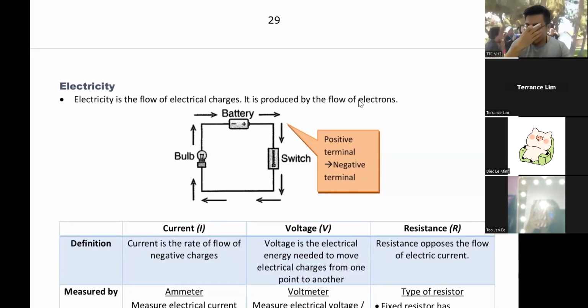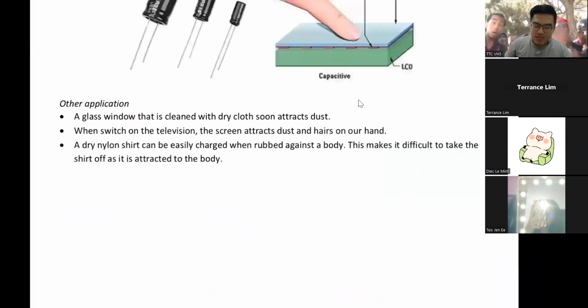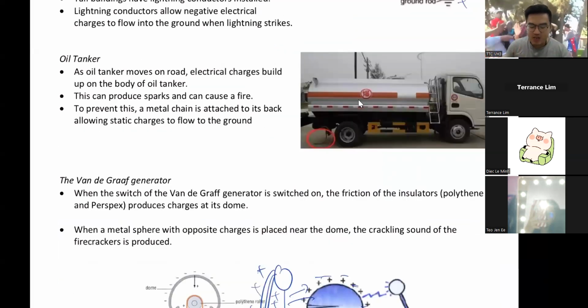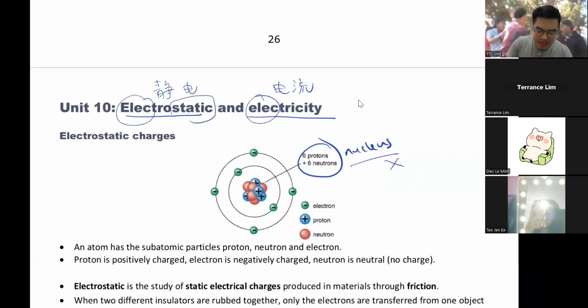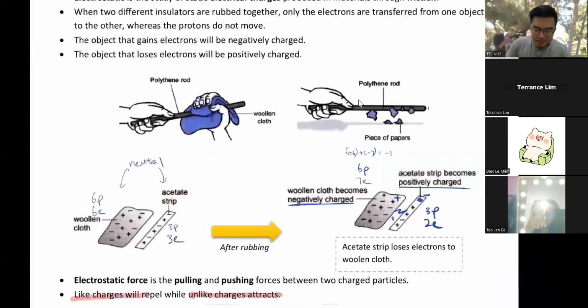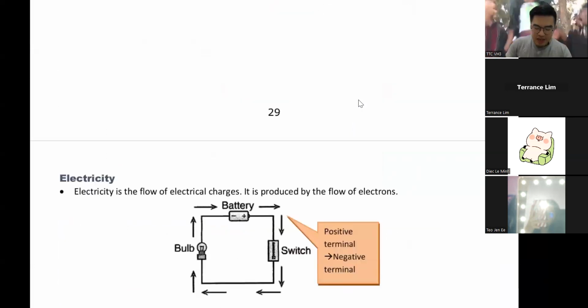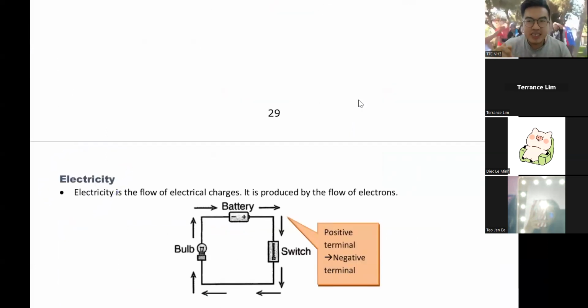Okay, guys, I want you to imagine, what's the difference between static and electricity? Let me explain. The difference is static is a jump. Like I said last week, when you walk in a shopping mall and touch your friend, you feel that shock.